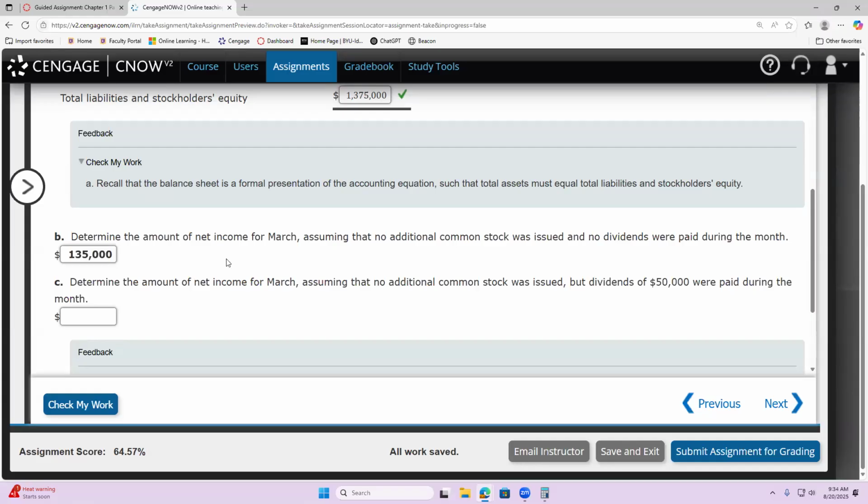So in order for us to have paid a dividend of $50,000 and have our retained earnings still go up by 135,000, we would have had to make a net income of 185,000.